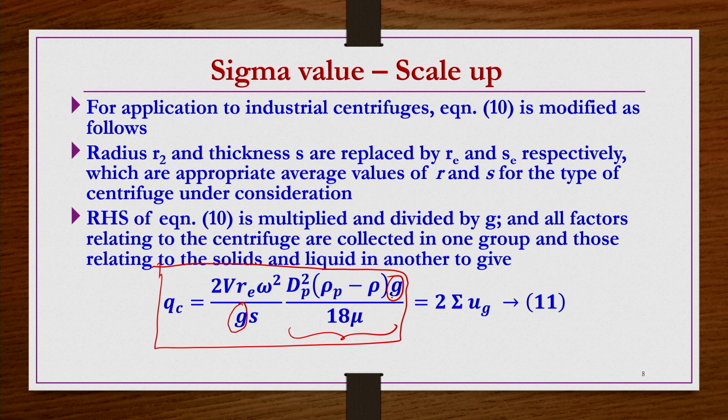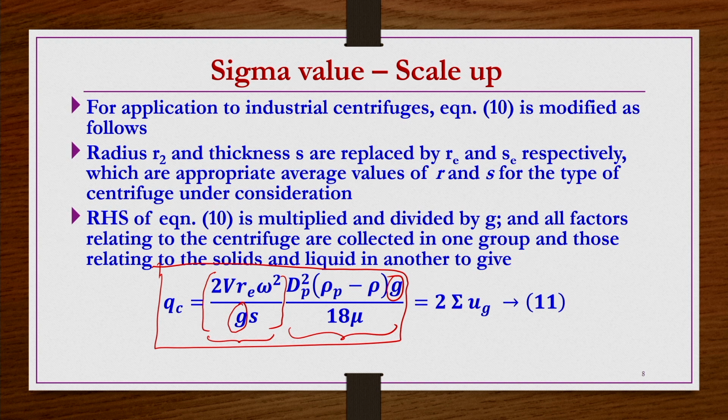Then we can see this has the form g d_p square (rho_p minus rho) by 18 mu, and the remaining terms related to the centrifuge, that is omega square R_E effective, S_E effective, V, etc. V is nothing but the volume of the liquid. So, these remaining terms we write as the other group.